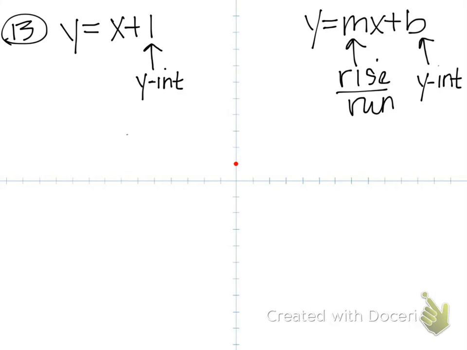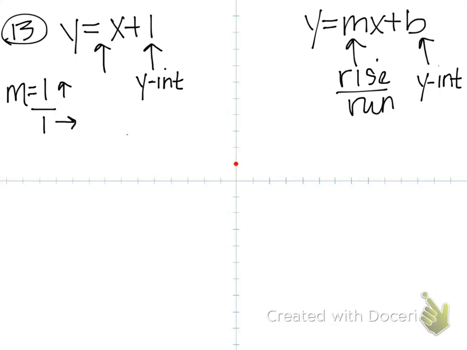Then I use my slope. My slope is the number in front of the x, which is 1. Well, remember, we need a ratio. It's not just 1. Our slope is always a rise over run, and you can turn any number into a fraction by just putting it over 1. So what this tells me is I'm going to go up 1 and over 1. From the point I just graphed, though.